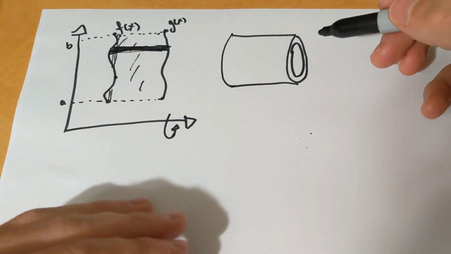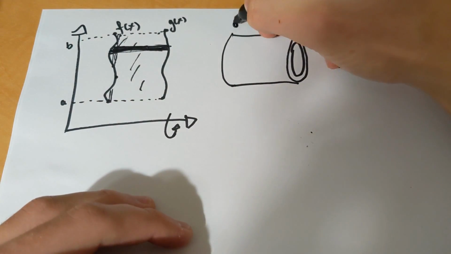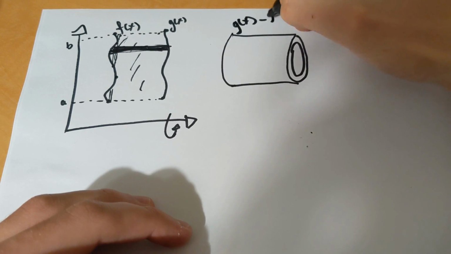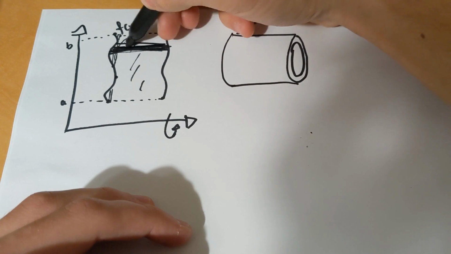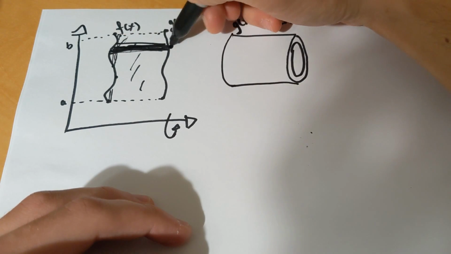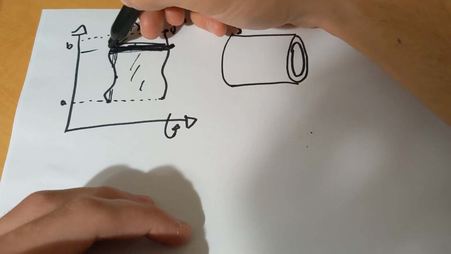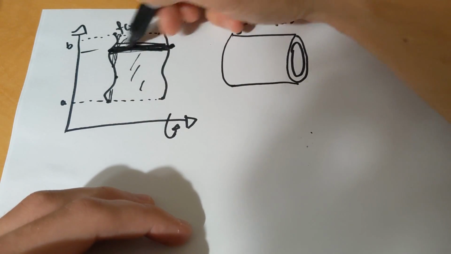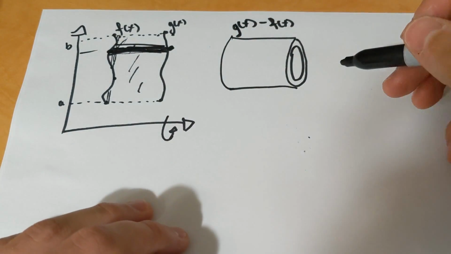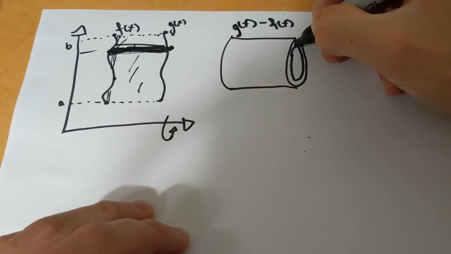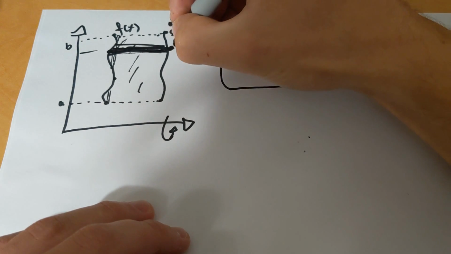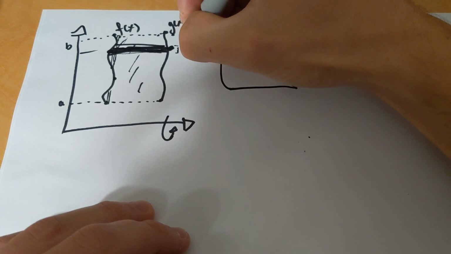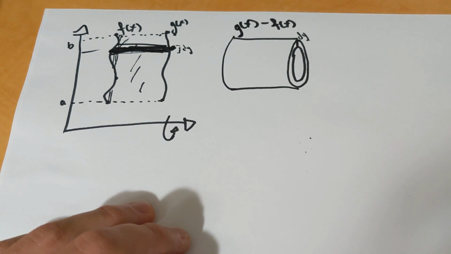Length of this rectangle is, well, g of x minus f of x. Does that make sense? Because this is how big the rectangle is. The bigger height, which is g of x, minus the smaller height, which is f of x, equals the middle length. And, well, this little bit right here is actually dy, the tiny change in the y direction.